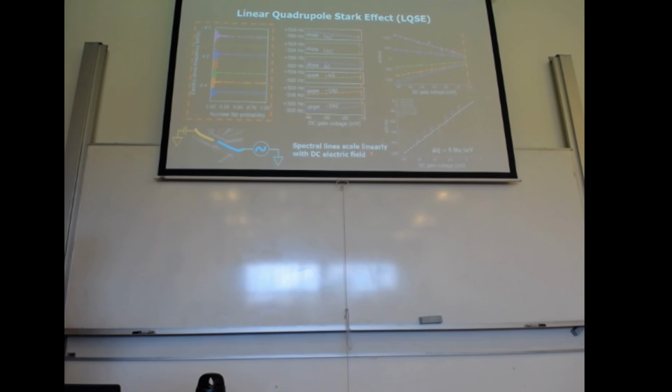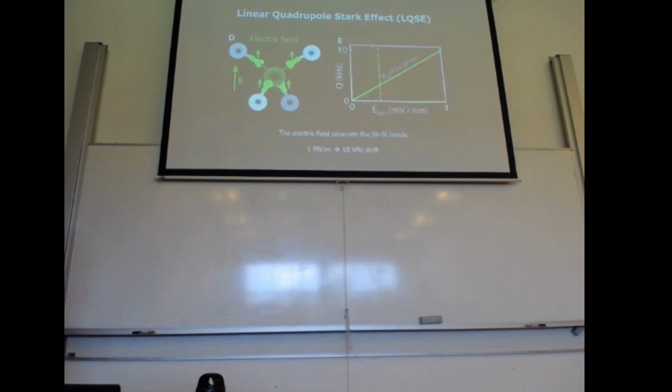So this scales linearly with the DC electric field, which fits into this picture. Now, the explanation for that, and here I think any of the estimates are very hand-wavy, at best within an order of magnitude or so, is that when you have two different atomic species, chemically speaking, this bond is no longer symmetric. It's an asymmetric bond.